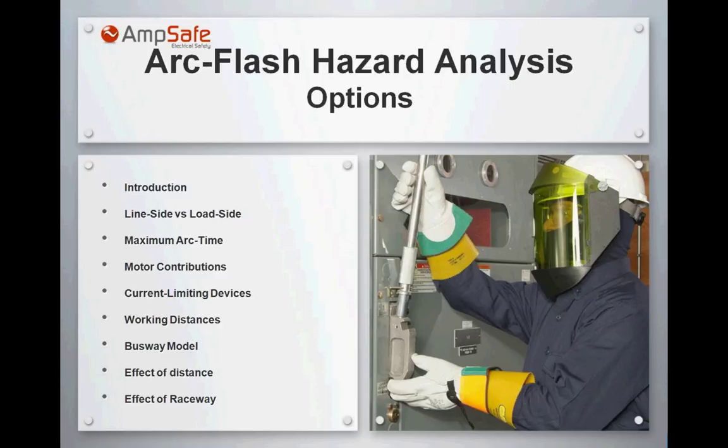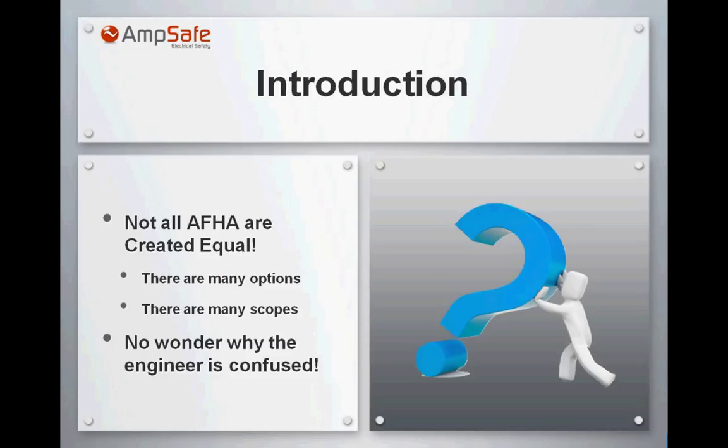If you have one plant and you contract 10 different engineers to do an ArcFlash study, you pretty much are going to have 10 different results. Why is that? Because there are many options when you perform the ArcFlash study, and there are many scopes also. We already had that seminar.